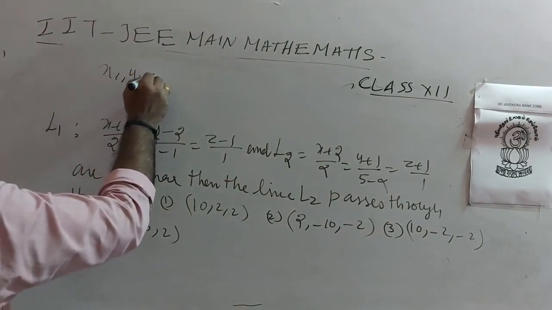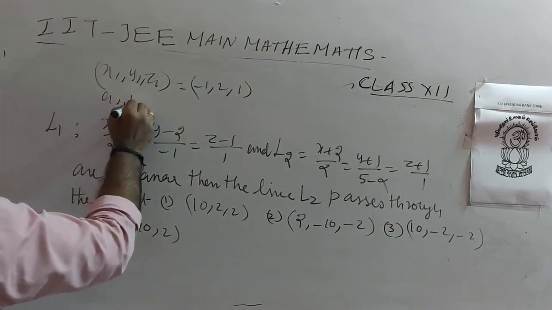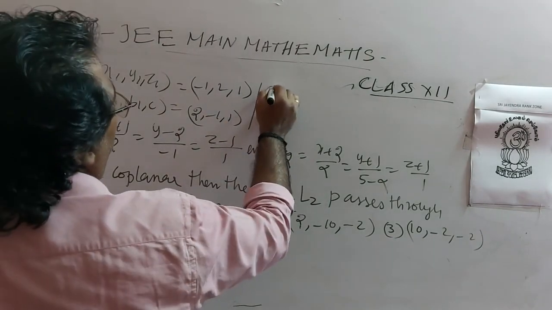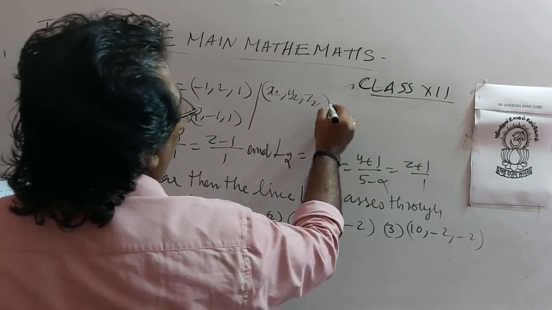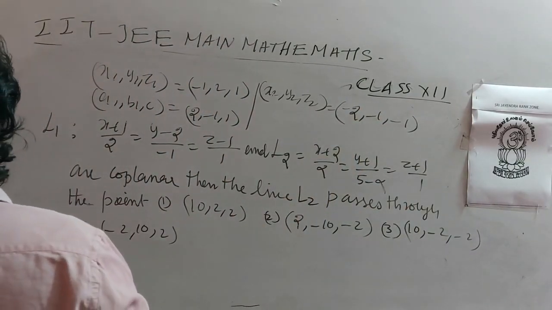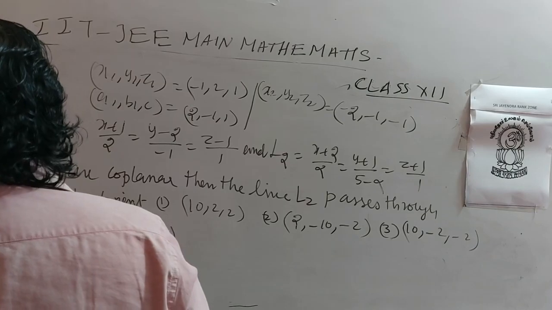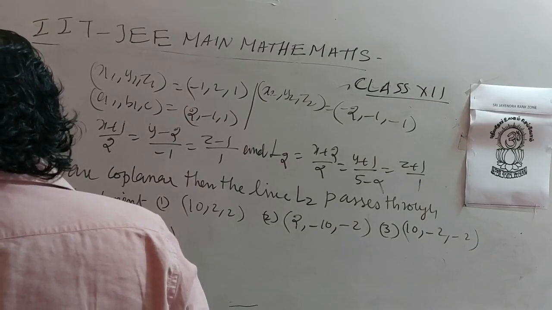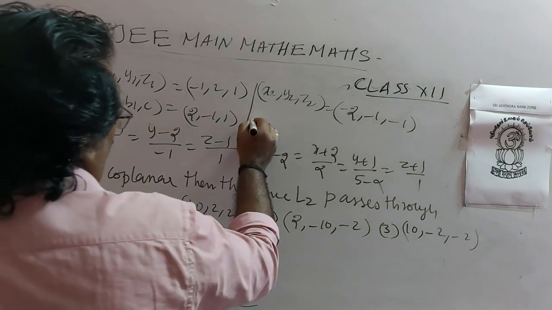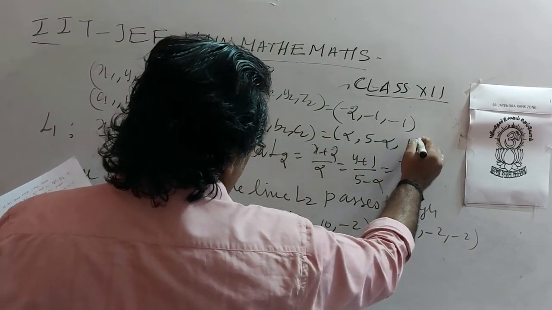From this, (x1, y1, z1) is (-1, 2, 1), with (a1, b1, c1) being (2, -1, 1), and (x2, y2, z2) is (-2, -1, -1), with (a2, b2, c2) being (alpha, 5 - alpha, 1).